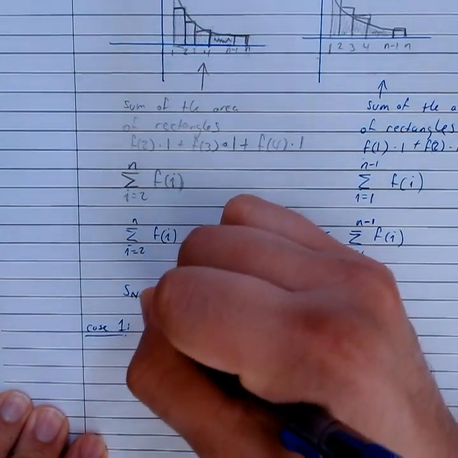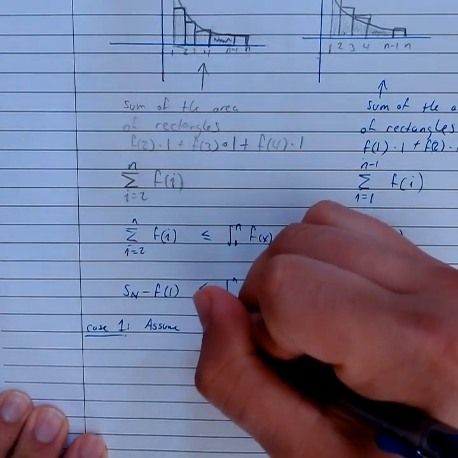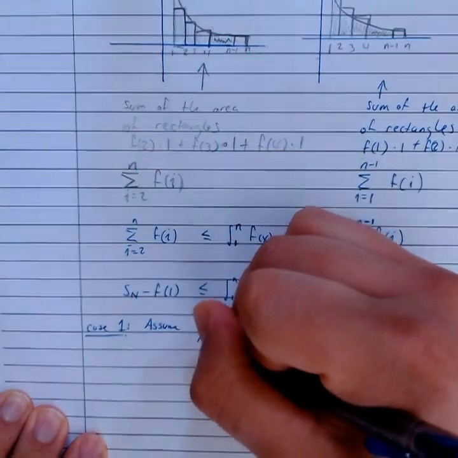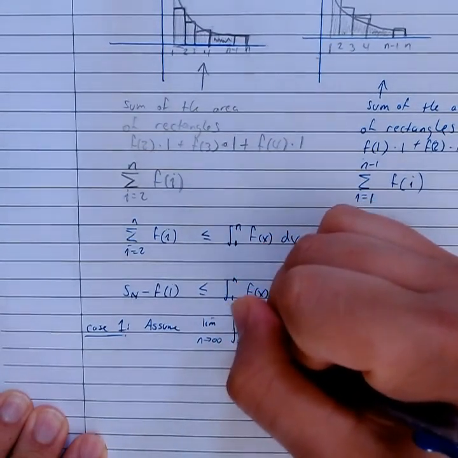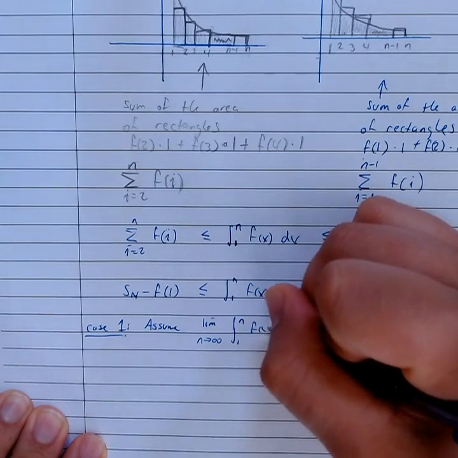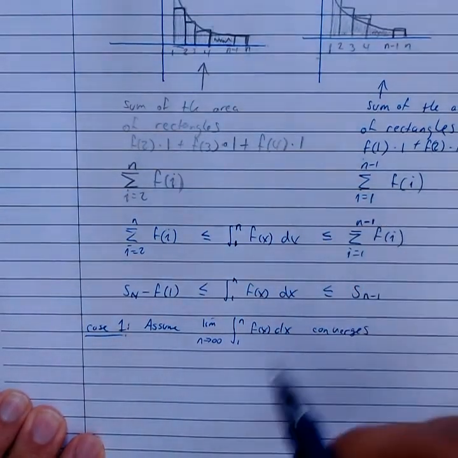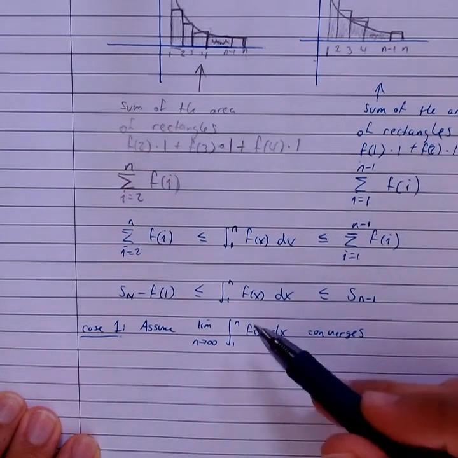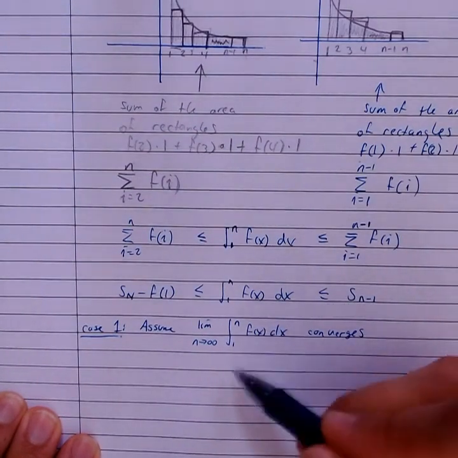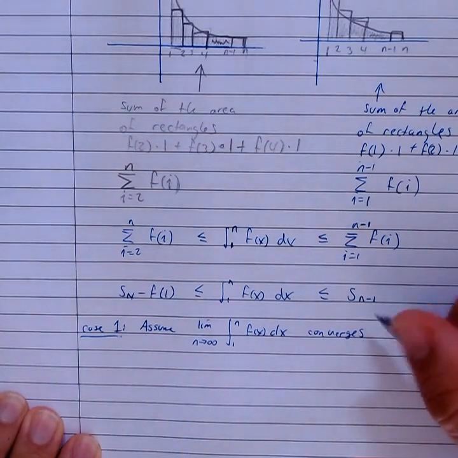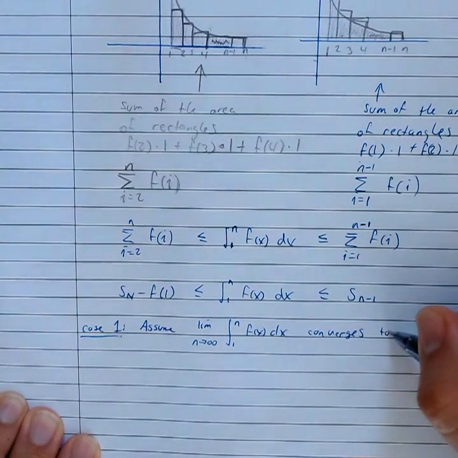Assume that the limit as n approaches infinity of the integral from 1 to n of f of x dx converges. In other words, you were able to find the integral from 1 to infinity. And let's say, for the sake of notation, it converges to a number L.